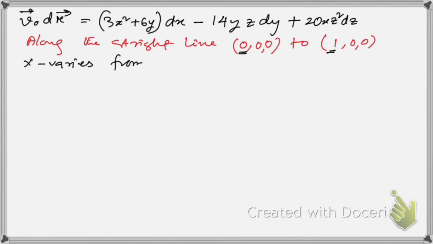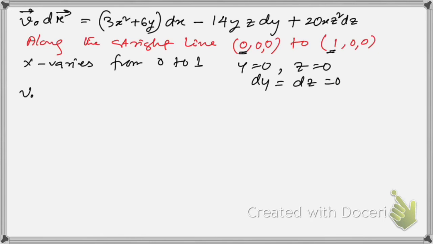There is no variation along the y and z axes: y is 0, z is also 0, so dy and dz are both equal to 0.